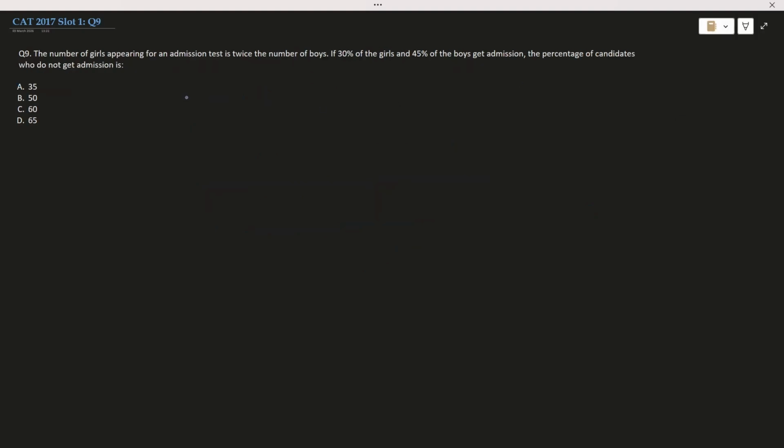The number of girls appearing for an admission test is twice the number of boys. If 30% of the girls and 45% of the boys get admission, the percentage of candidates who do not get admission is. Okay, so let me say that girls are 100x, boys are, let's say this is 200, so this is 100x, right?